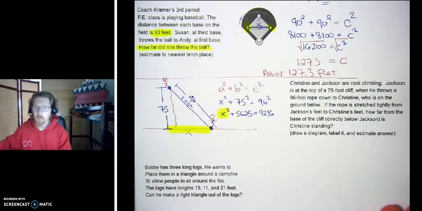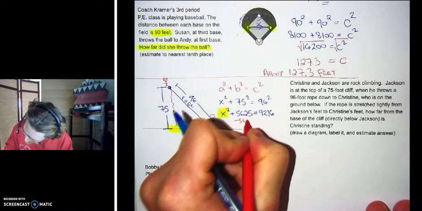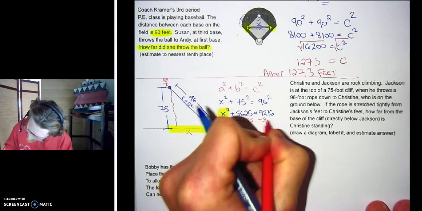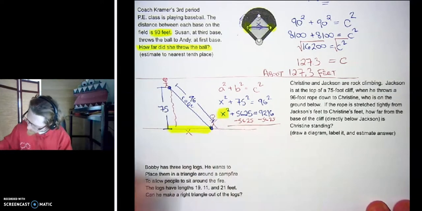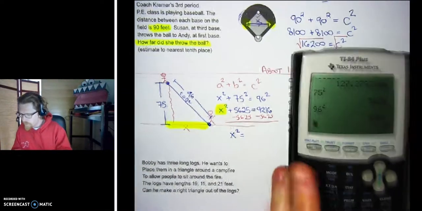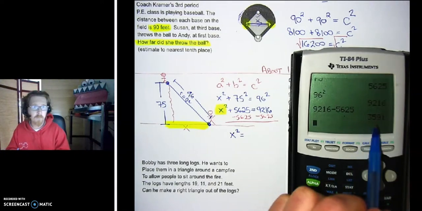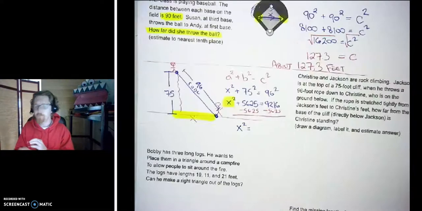So I'm going to use inverse operations, and I'm going to subtract 5625 on both sides. I get x squared is equal to, and I'll use my calculator again, 9216 minus 5625 is 3,591.